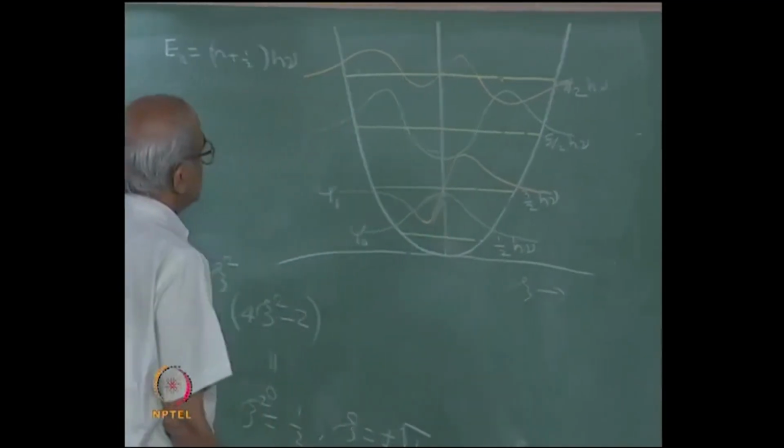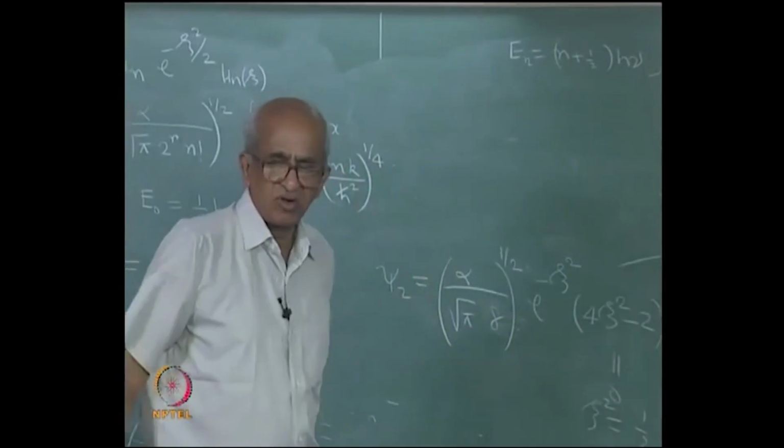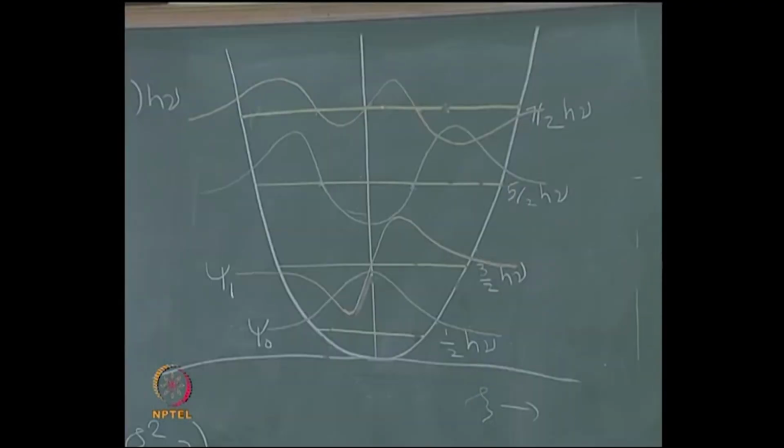That will be the appearance of the next one, and similarly you can go on plotting the other ones if you like. As the value of n increases, you have more and more nodes. In fact, the nth function would have n minus 1 nodes.